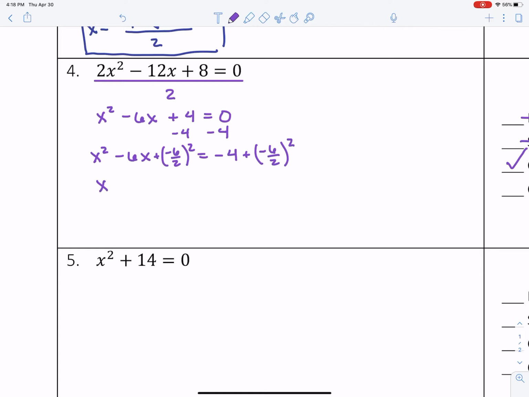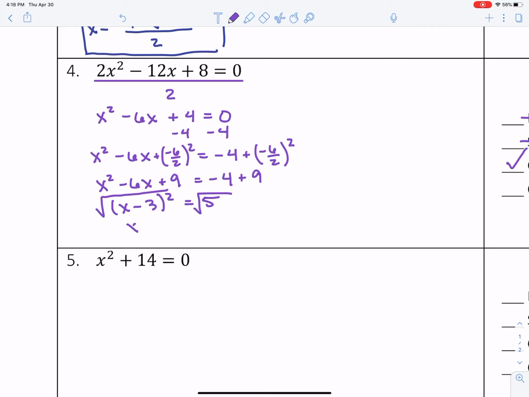And this is where we start thinking about some math in our head. -6 divided by 2 is -3. Squared is going to give me a 9. So I'm actually adding 9 to both sides. The reason that we added 9 to both sides is so that we could factor it into this perfect square trinomial. This is going to give me 5. Now I get to use these square roots.